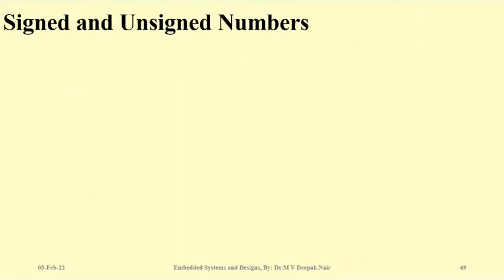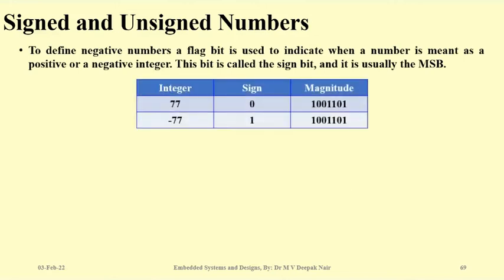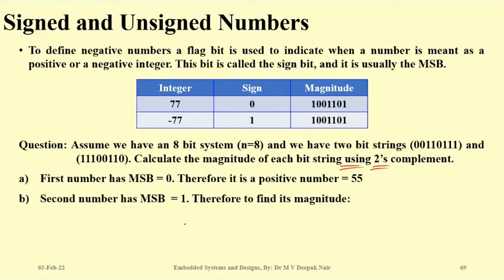Apart from that, we all know about signed and unsigned numbers. For any signed system, one bit is dedicated to the sign, and that is always the MSB. That will be your sign bit. We all know how to convert a number into a signed number: you take the 2's complement and then do all the mathematics.